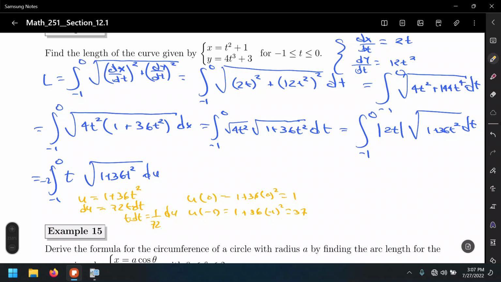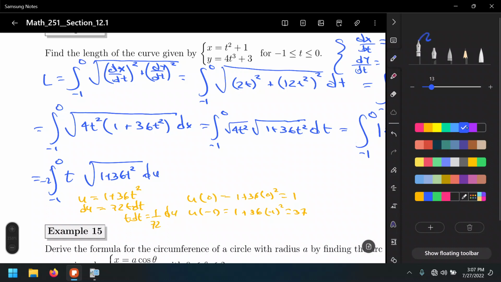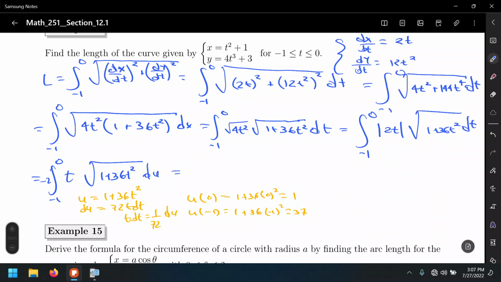All right, I believe that's what I did here. Yeah. And I know this one is going to look a little crazy. You'll see why. So that's the integral from 37 to 1. Oh, that's a -2 over 72. And that's the square root of u du.